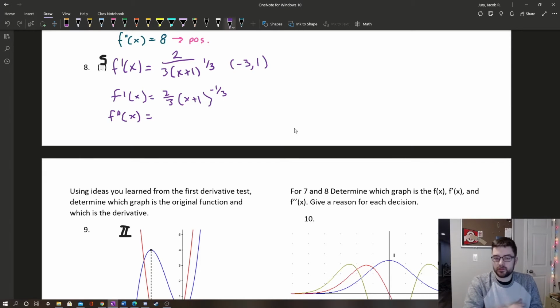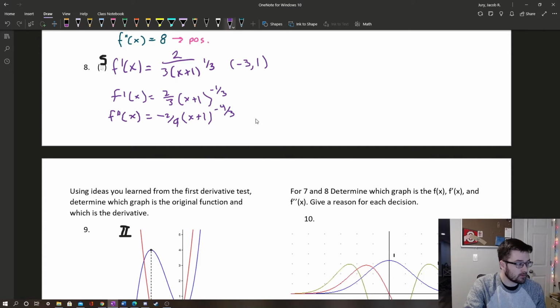Then instead of using the quotient rule, I can use the chain rule. I want to take the -1/3, multiply by 2/3, so I get -2/9 (x plus 1) to the -4/3, and then the derivative of the inside, which is 1, so that's great.